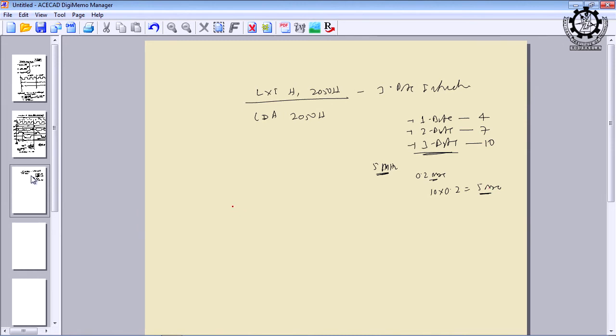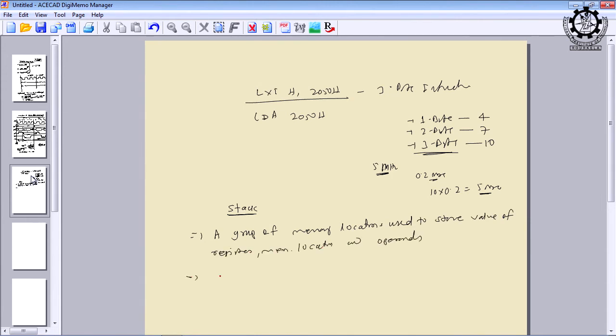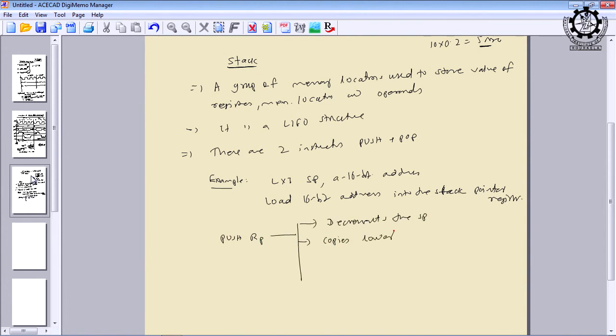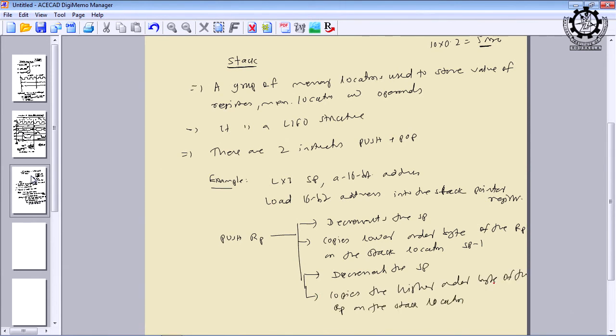So, the next important topic is stack. As I told you, the definition of stack is somewhat different from the definition you use in data structure and algorithm.